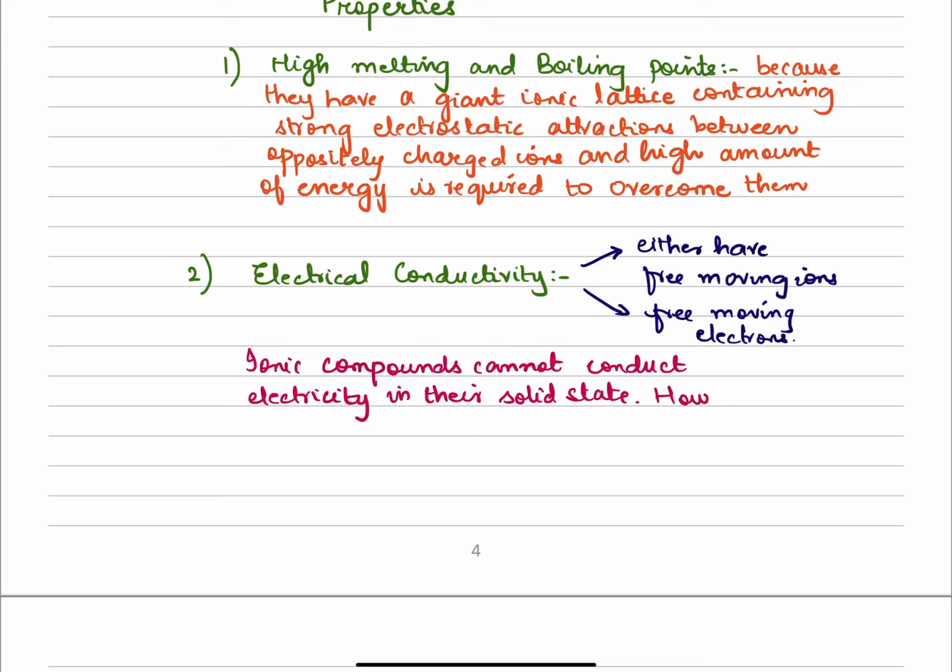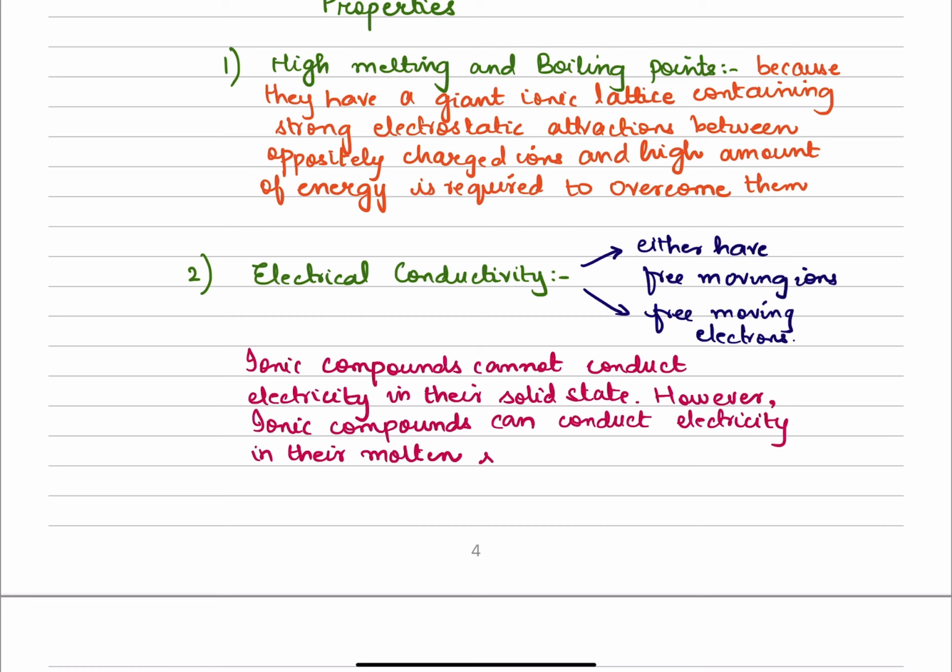However, a very important point over here is that ionic compounds can conduct electricity in their molten, which means melted, liquid form. If I melt an ionic compound from solid to liquid, it can conduct electricity in its molten state or aqueous state.